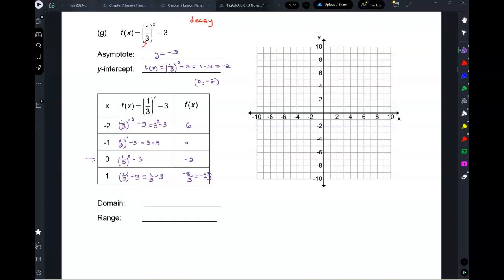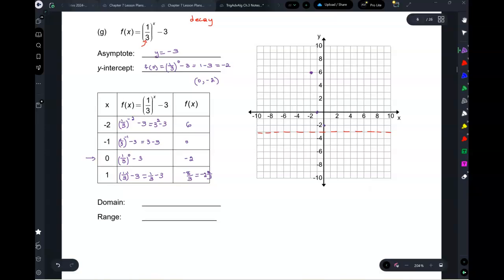Okay, so let's put up our asymptote. y equals -3 is our asymptote this time. Now, at -2, we're at 6. At -1, we're at 0. At 0, -2. Then -2 and 2/3.